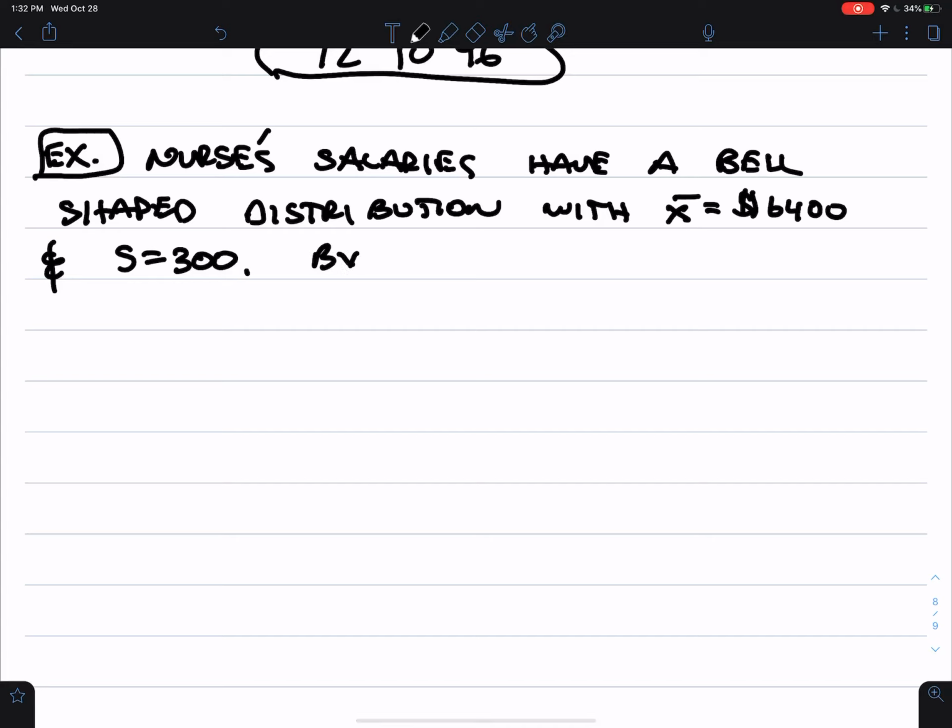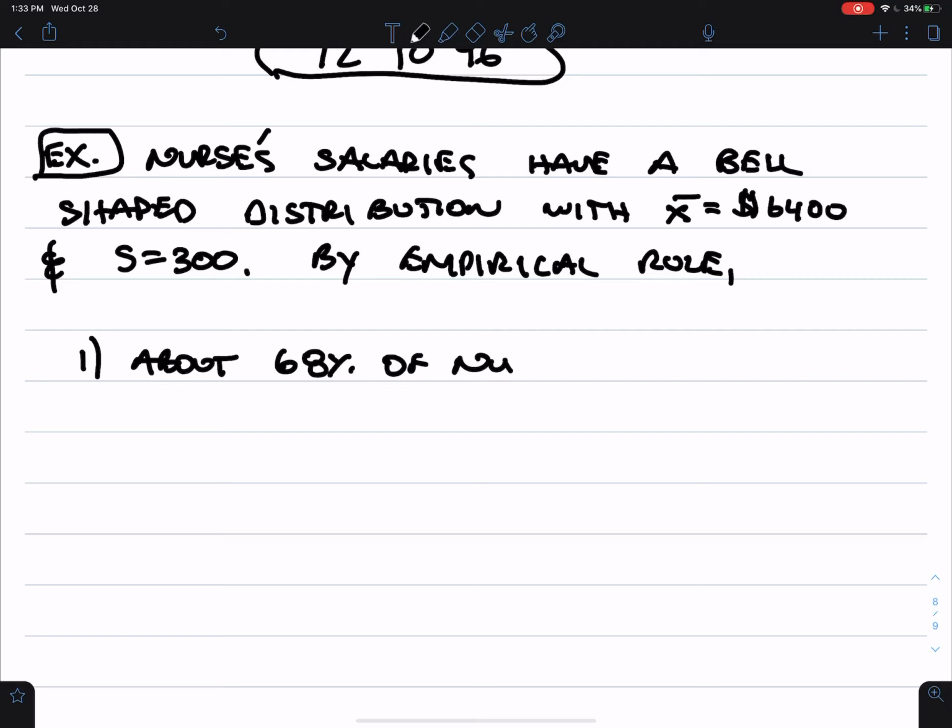So by the empirical rule, if I'm asked to find the 68% range for nurses, about 68% of nurses make within x bar plus or minus s.